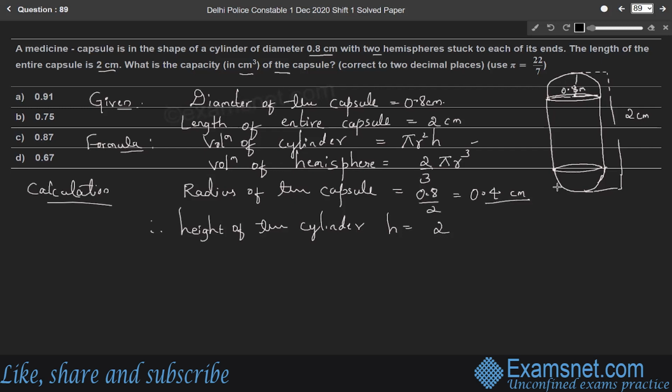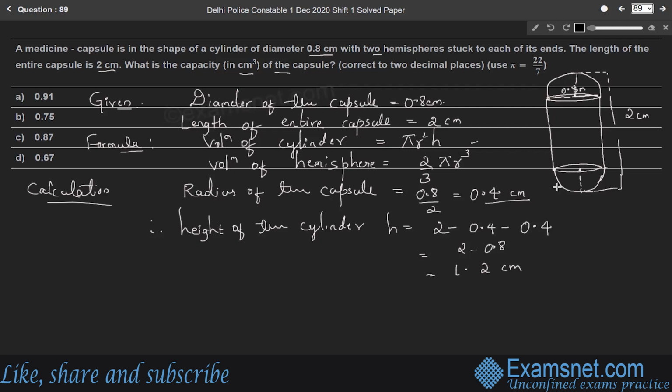So the height of the cylinder becomes total height minus the radius of one hemisphere minus the radius of another hemisphere, right? So therefore the height of the cylinder becomes 2 minus 0.8, which is equal to 1.2 centimeter. So the radius of the capsule is 0.4 and the height of the cylinder becomes 1.2 centimeter.